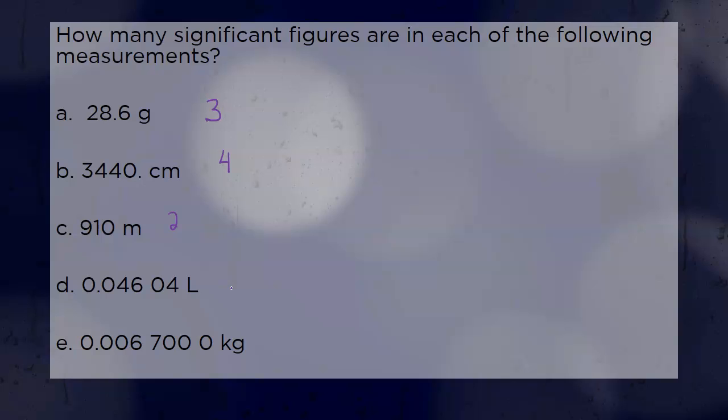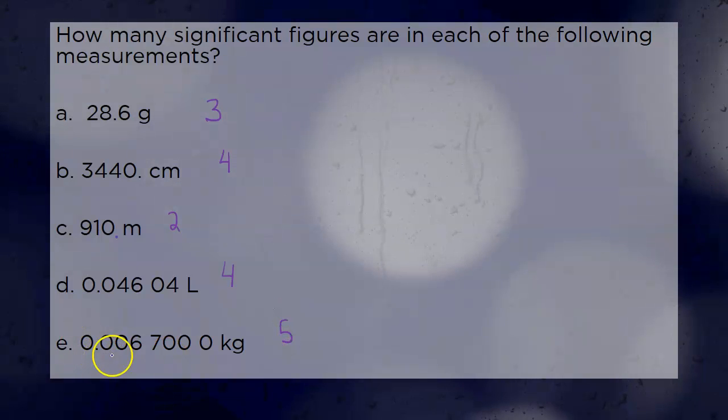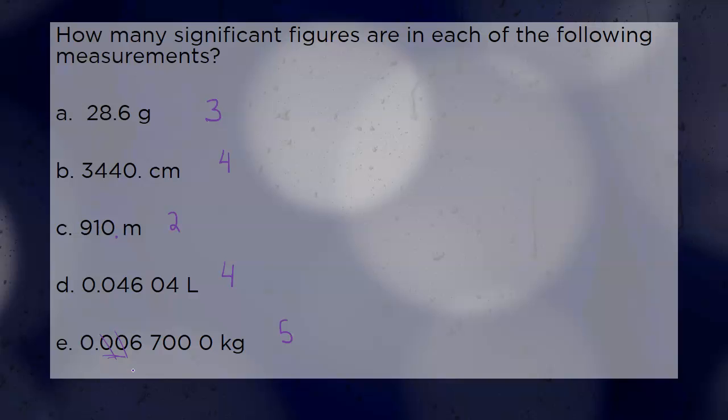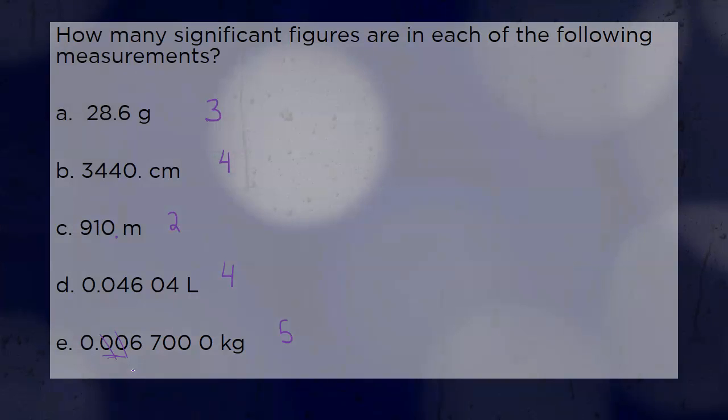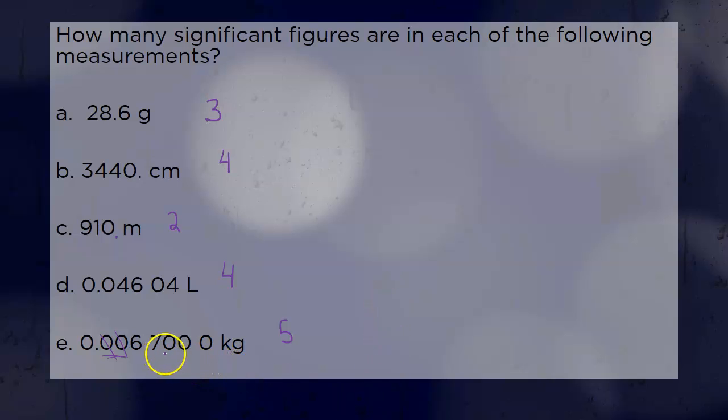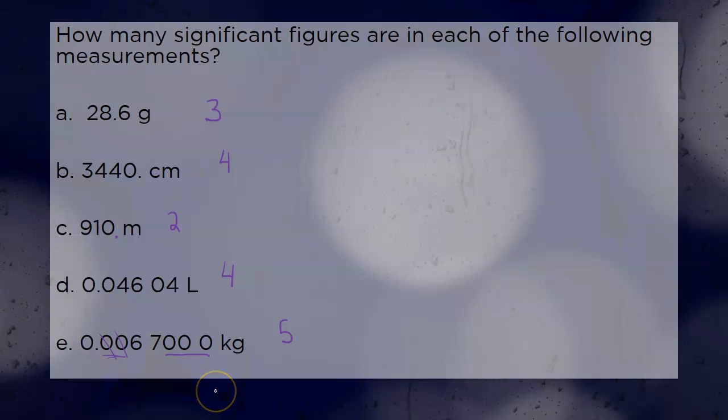How about E? Do I count those zeros in E? There'd be 5. Yeah, there'd be 5. Some people were tempted to count these two, but we don't count those. Those are placeholders. I always start at the first non-zero. Some people get confused in how I explain it because I say zeros to the right. What I mean is zeros to the right of the non-zero are significant.